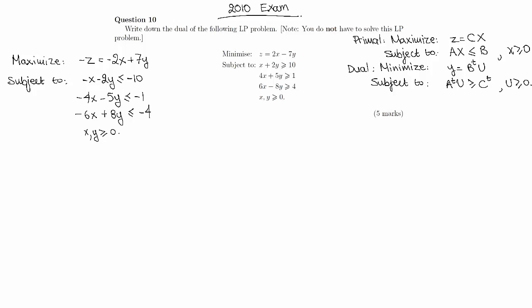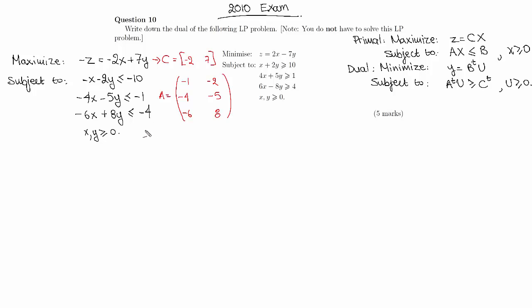So in this case, our C, A, and b vectors and matrices will be, this is C, so C will be minus 2 and 7. We have A, which is equal to all the coefficients of x and y, so minus 1, minus 2, minus 4, minus 5, minus 6, and 8.